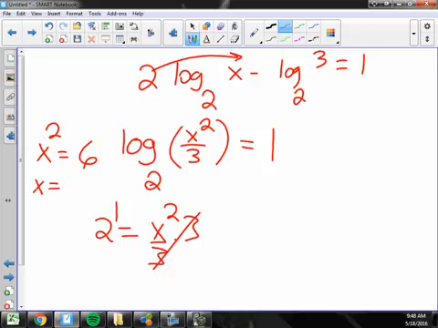So x is equal to plus or minus the square root of 6, but in the original problem, the negatives were not allowed. Because if I plug a negative in there, you can't take the log of a negative number. But by moving that 2 up, I allowed that negative, so you got to get rid of it. So the answer is D.